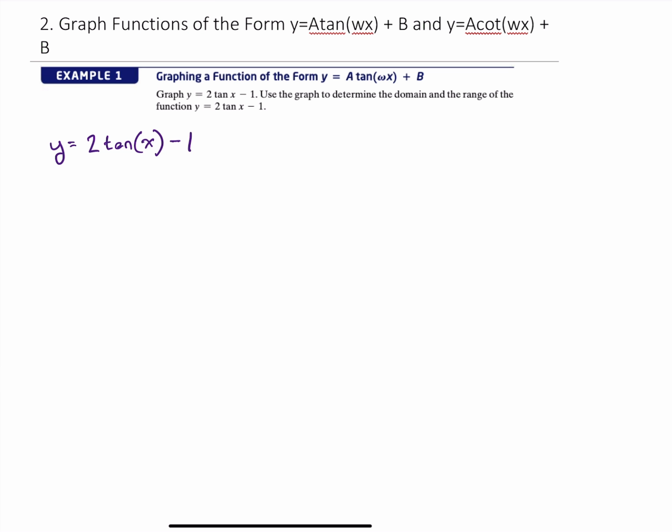Our base function is the tangent, and I see that there's been a vertical stretch by a factor of 2. That's what this 2 is going to do. And then the minus 1 on the outside will shift everything down 1 unit. So that will be a vertical shift down 1 unit.